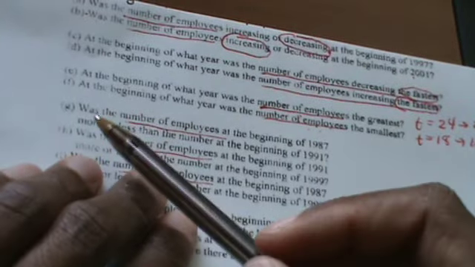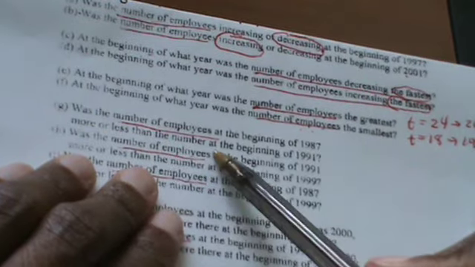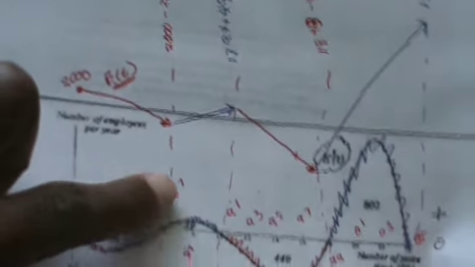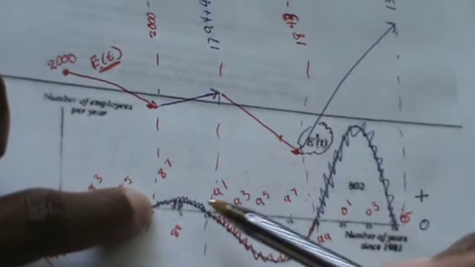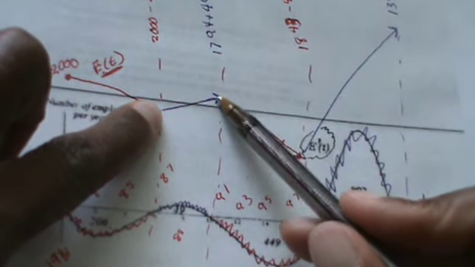All right, so let's move on to G. Okay, again, I'm assuming you're looking right at this, that you printed it out. Was the number of employees at the beginning of 87 more or less than the number at the beginning of 91? 87 and 91. So we'll go over here. Here's 87 right here. And there's 91. I'm going to look right at E. And I'll say, wait a minute, 91's bigger, right?